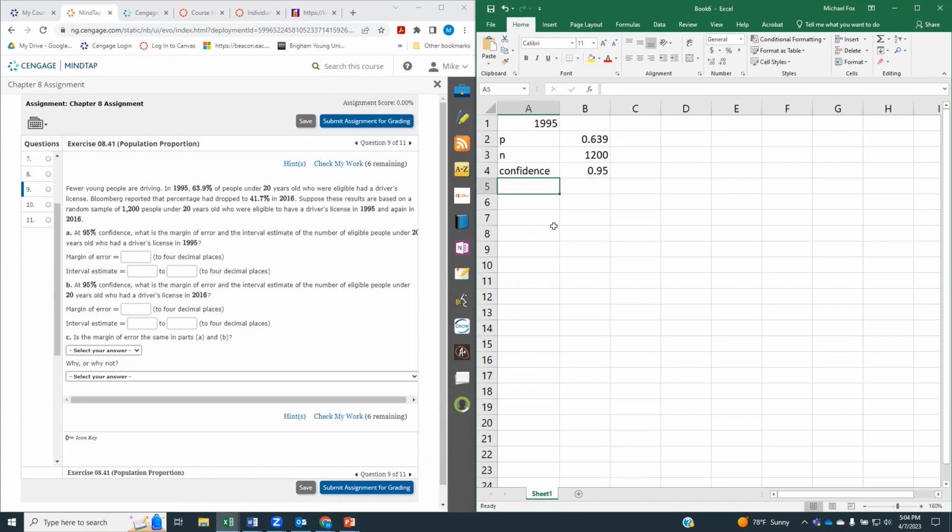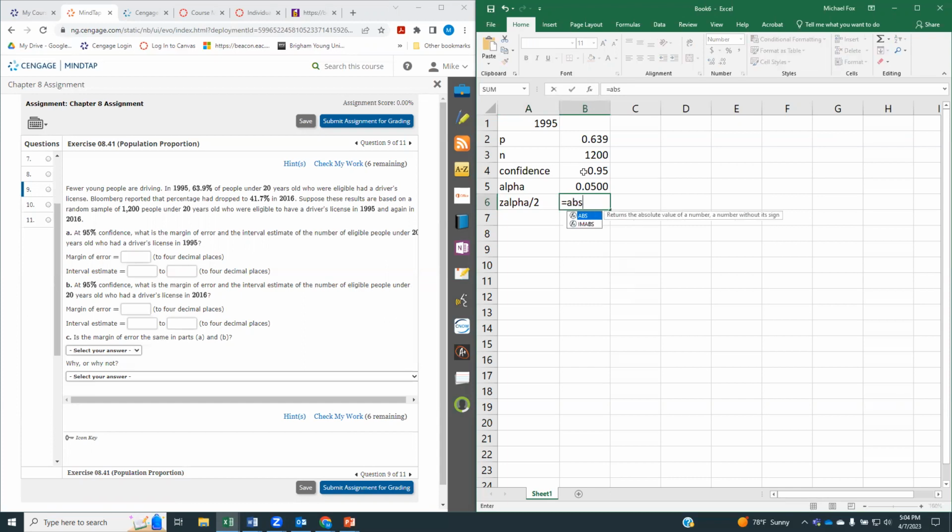And if we have confidence of 0.95, then we're going to have an alpha of 1 minus the confidence level. And since we're going to need it, I'll just go ahead and do it now. The z-score of our alpha divided by 2, which again, we always want a positive value for this.